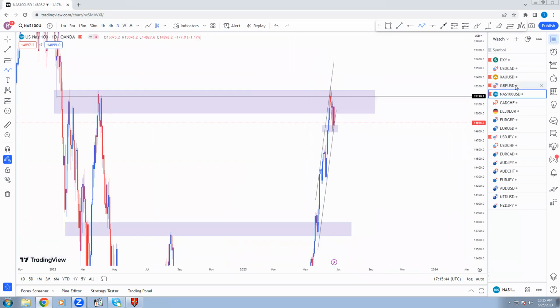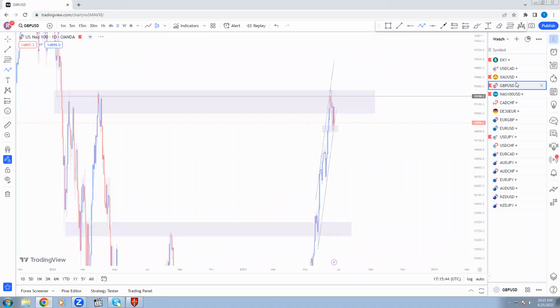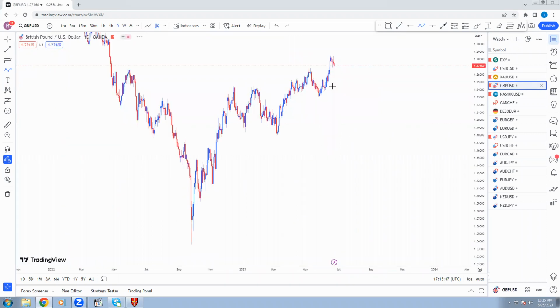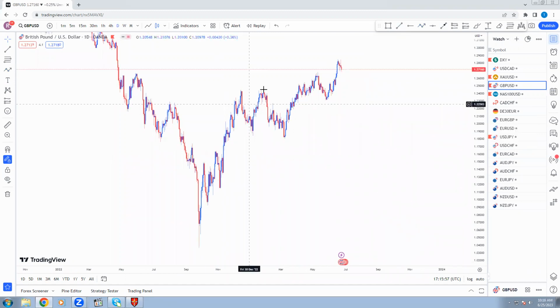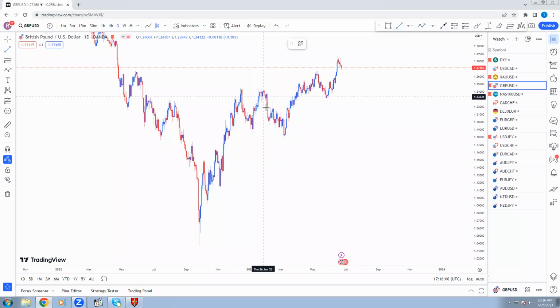Let's take a look at GBPUSD. Okay, so on my GBPUSD, let's see on our daily time frame. Okay, let's try to spot something like this.